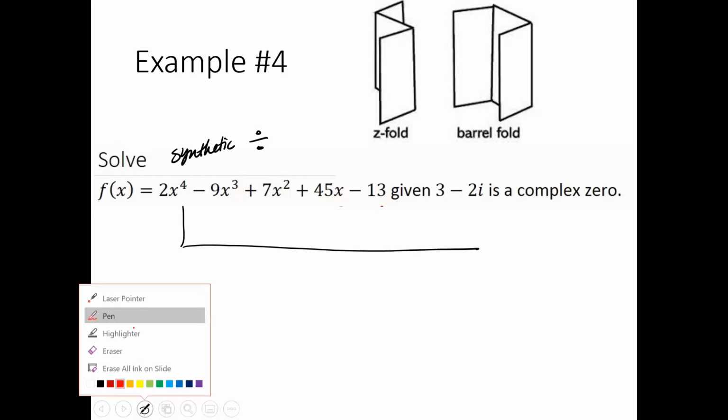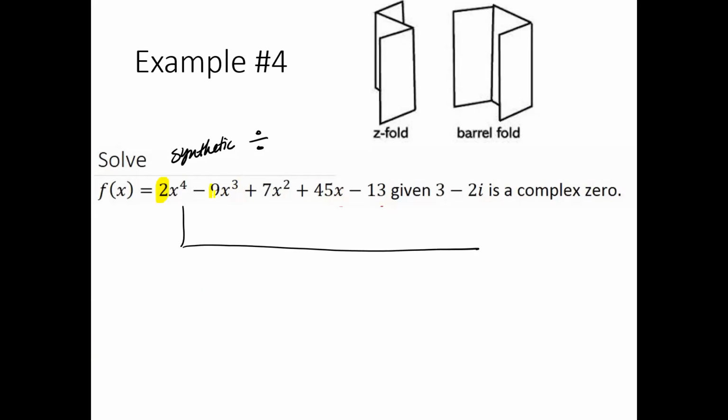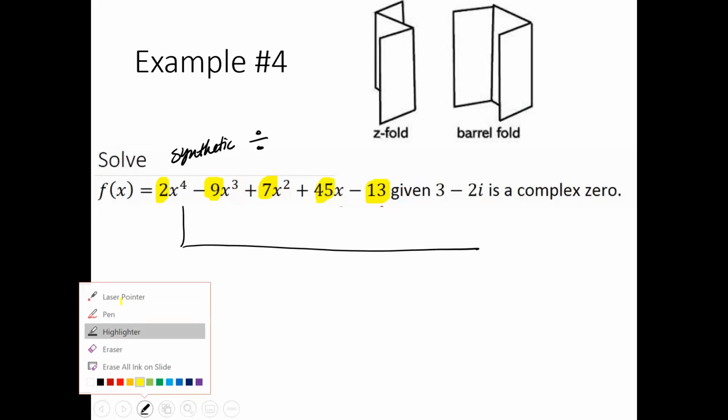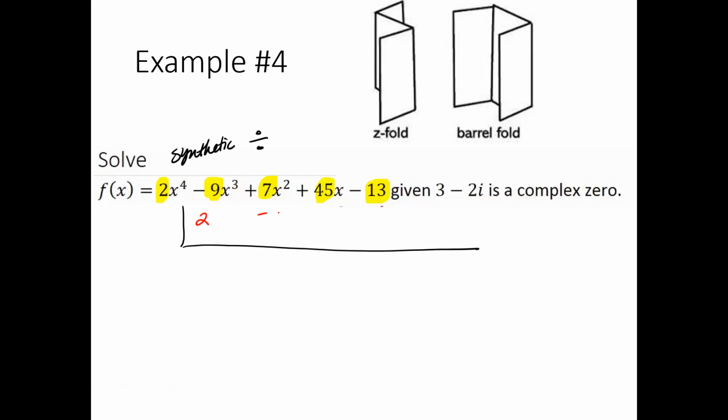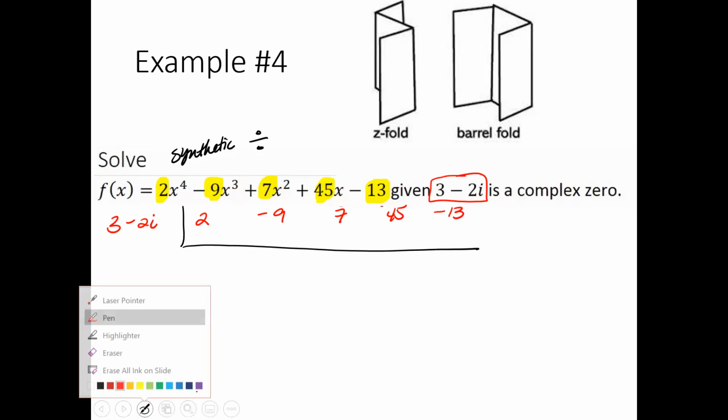And then remember, with synthetic division, you're going to use the 2, the 9, the 7, the 45, and the 13. So I'm going to put a 2 here, -9, 7, 45, -13. And then we use this part, 3 minus 2i on the left side.